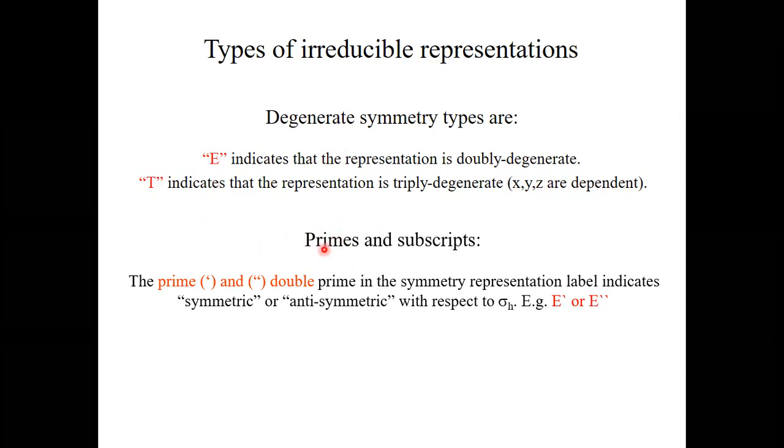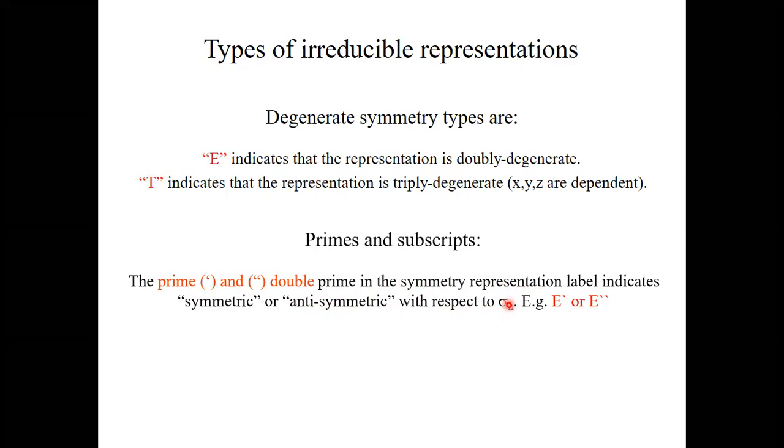So you can, for instance, have primes. One prime and a double prime would indicate symmetric or antisymmetric situations with respect to sigma h.